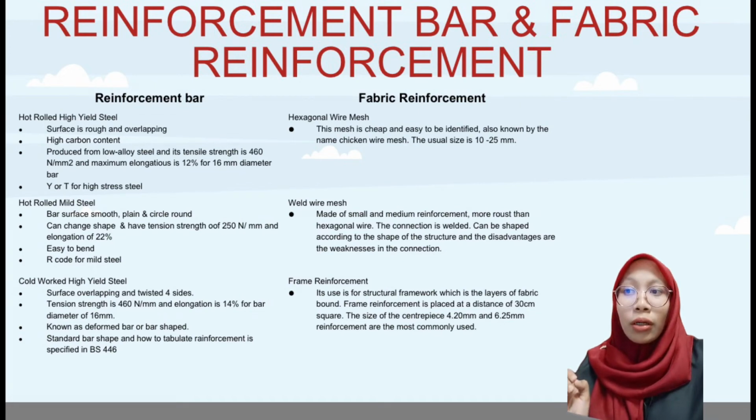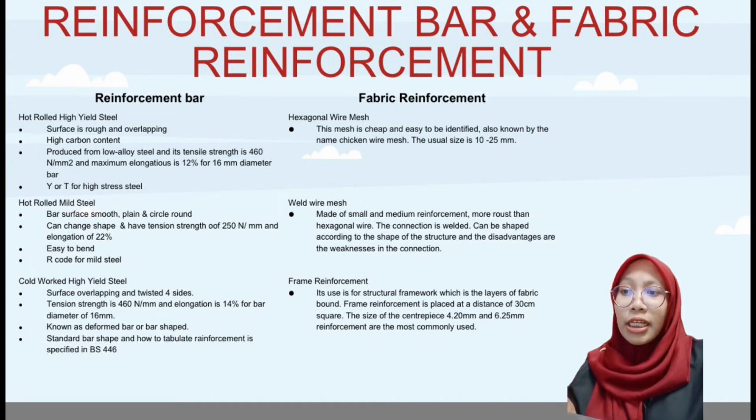Next, hot roll mild steel. First, the surface of this type of bar is smooth, plain, and circular round. Second, this can change shape and has tensile strength of 250 Newton per millimeter square and elongation of 22%.